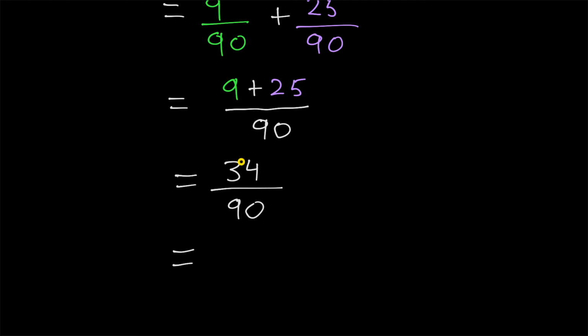So we can divide the numerator by 2 and we can divide the denominator by 2, because the numerator is an even number and the denominator is an even number. So what's 34 divided by 2? 34 divided by 2 is equal to 17. And what's the denominator divided by 2? Well, 90 divided by 2 is just equal to 45. And that's your final answer.